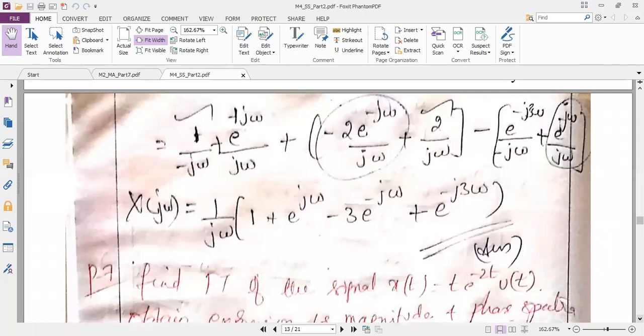Shall we proceed? If you get this answer, I will proceed. We cannot leave the answer as it is. We have to simplify it if there is a possibility.